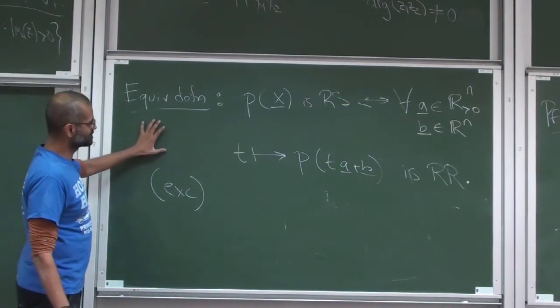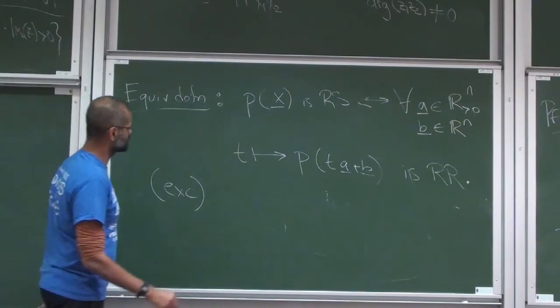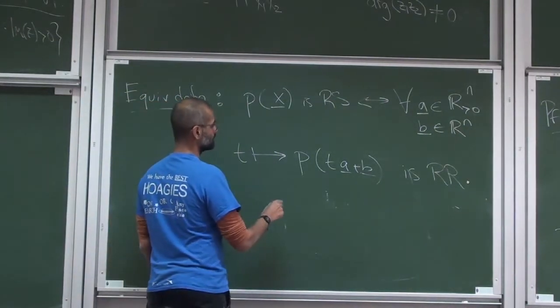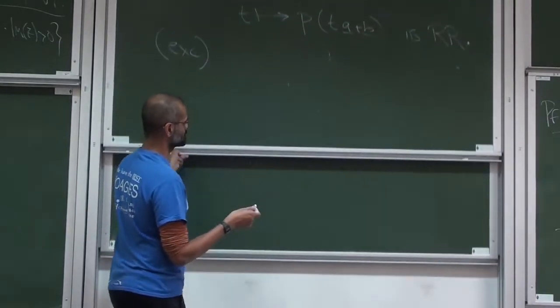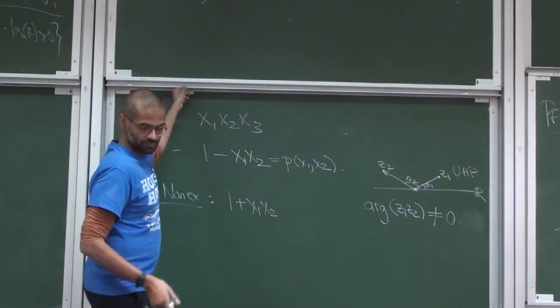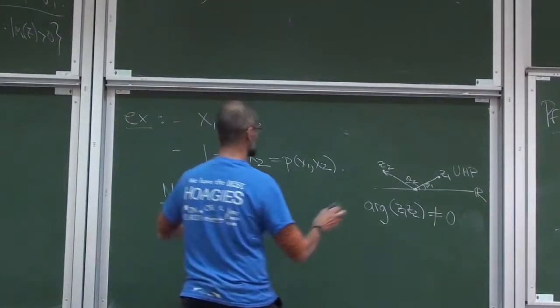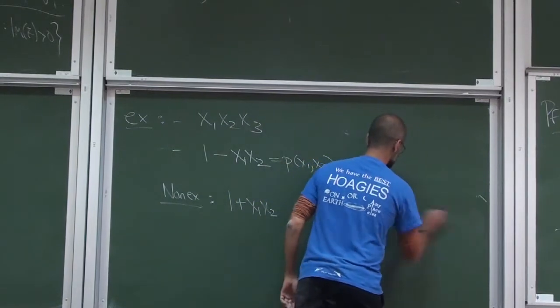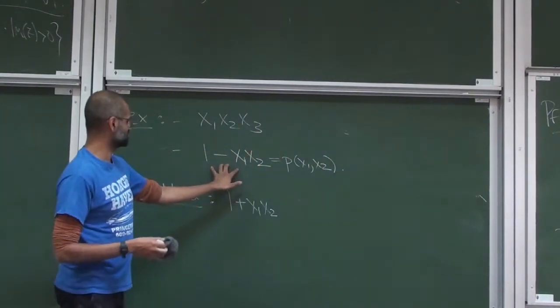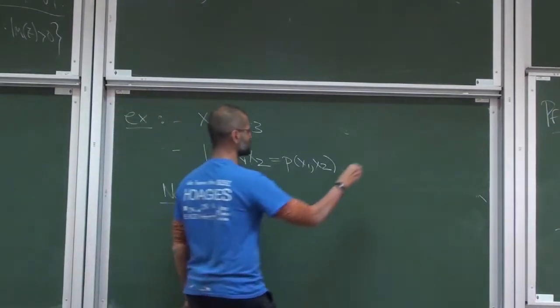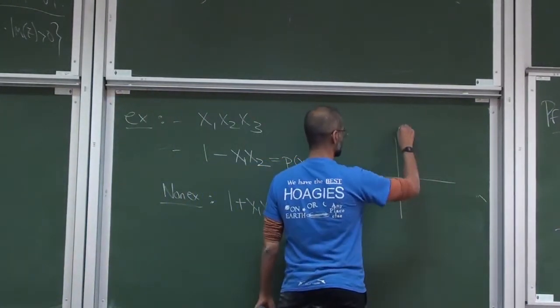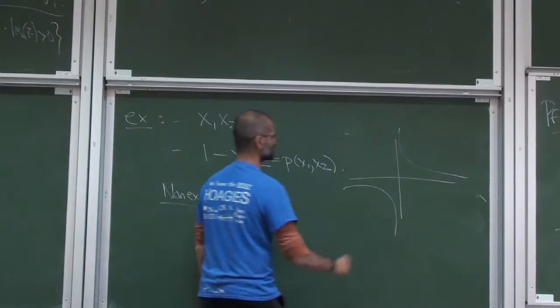But this has a very clear geometric meaning. What this is saying is that, let me demonstrate it on these two examples. So what does the zero set of this polynomial look like? Well, it's a set x1 equals 1 over x2, so it looks like this, right?